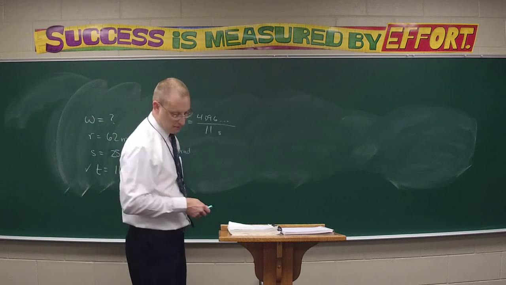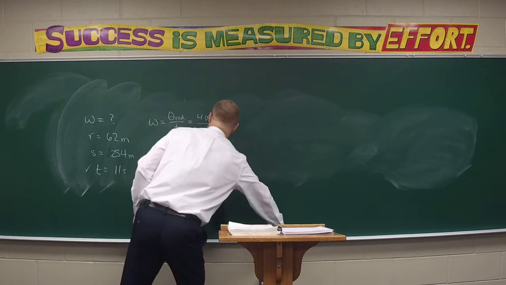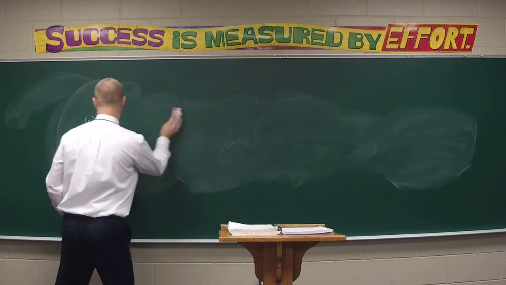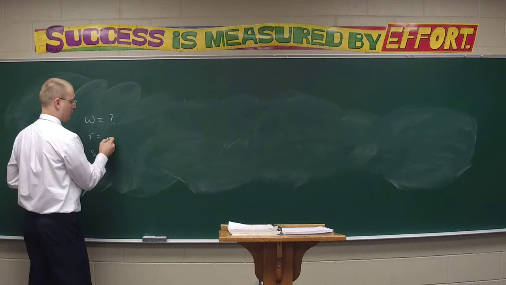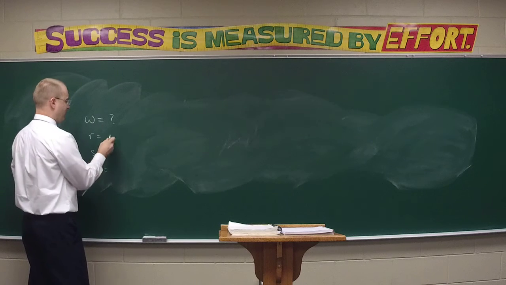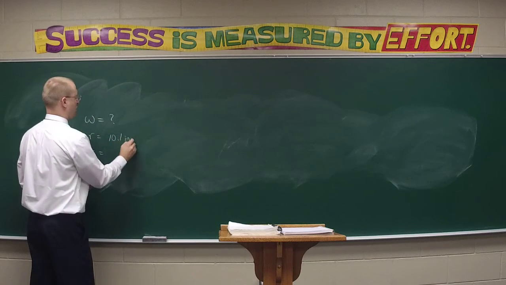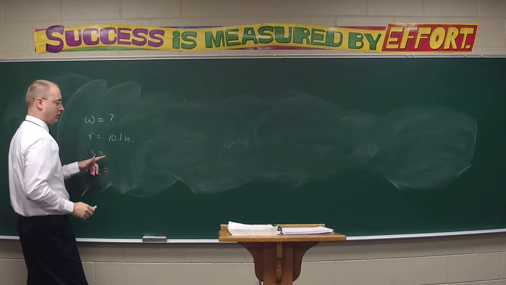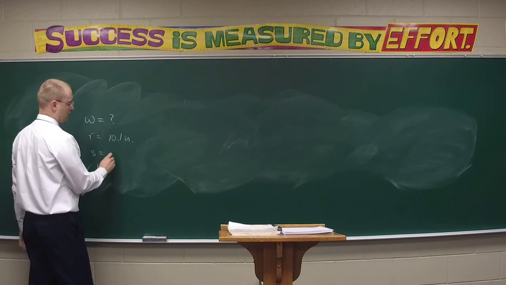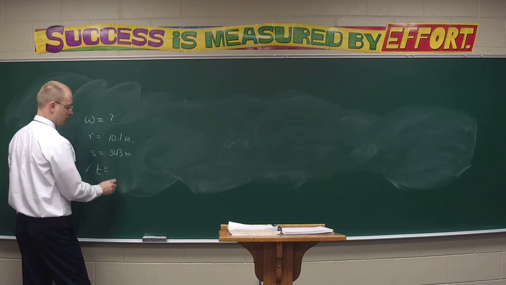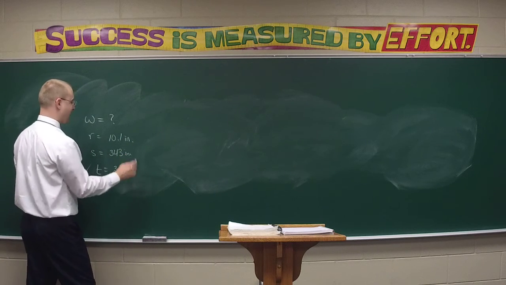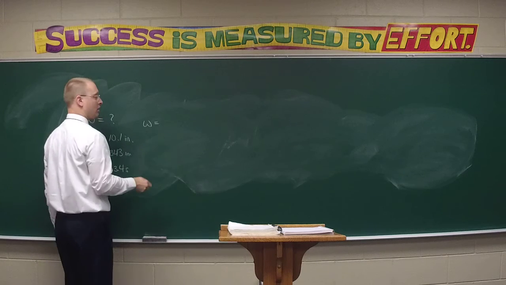Look at number 68. Same type of thing here. They give us a radius of 10.1 inches, which my initial thought is, do I have to change that to feet? But no, the arc length is also given in inches. 343. And the time? 3.4 seconds. Again, to find omega, I need what equation? Theta rad over t.